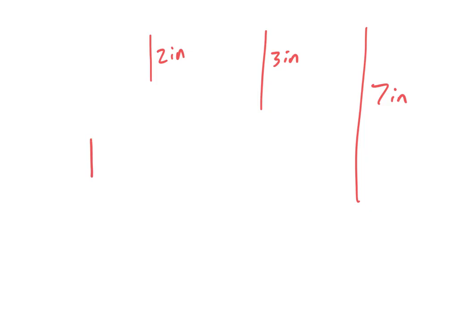Well, if I do 2 and 3, then we could do something like this, but 7 is going to be too long. Okay, I could also do something like this, but I need it to form a triangle. Okay, so if I have lengths of 2 and 3, there's no way, if the third side is 7, that I can form a triangle that meets at a point.